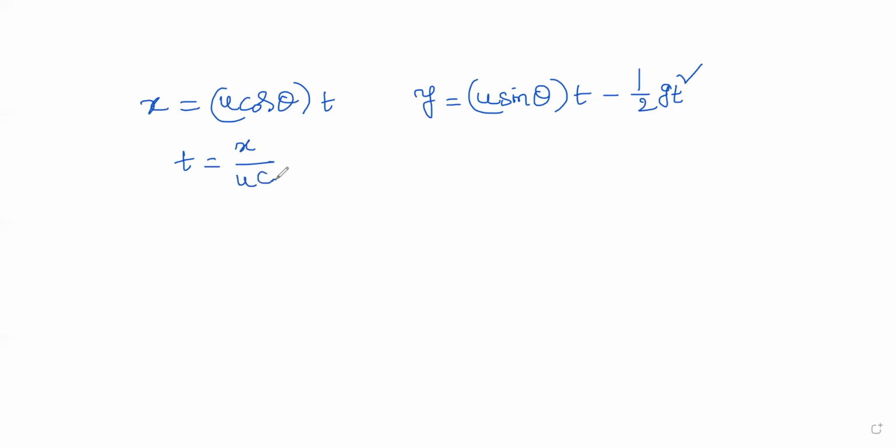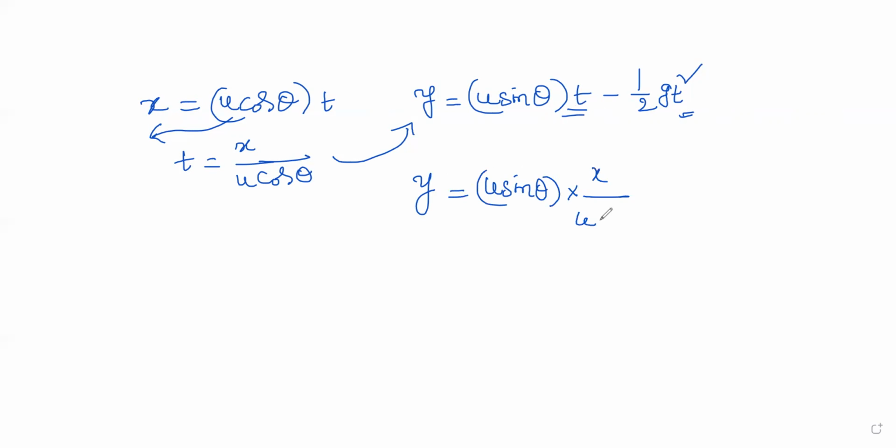U cos theta we transport to the other side like this. So t is equal to x by u cos theta, and then you substitute here the time and these positions. You end up with y is equal to u sine theta multiplied by x by u cos theta minus half g into x square by u square cos square theta.